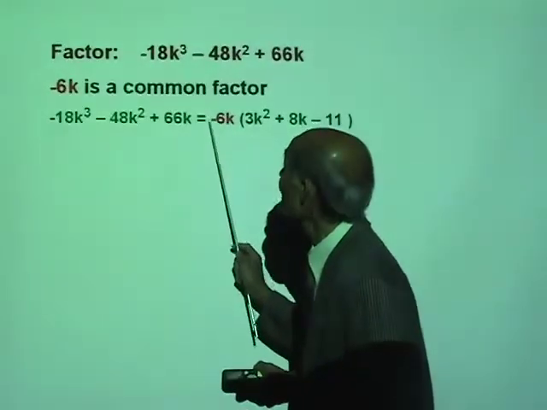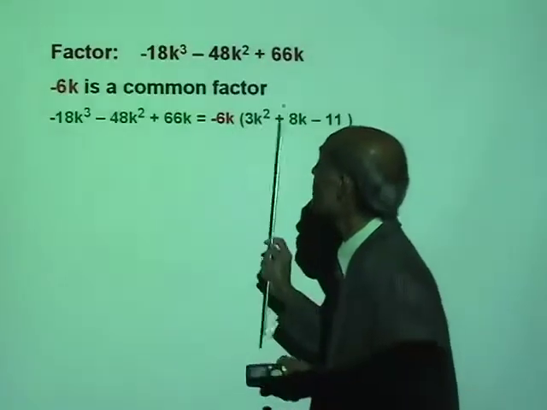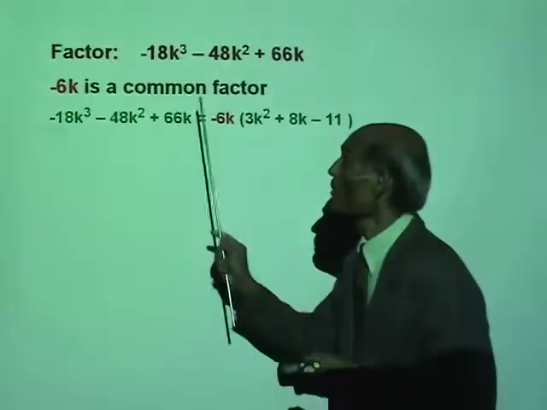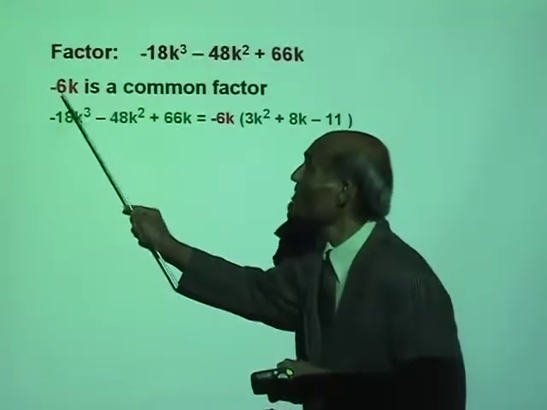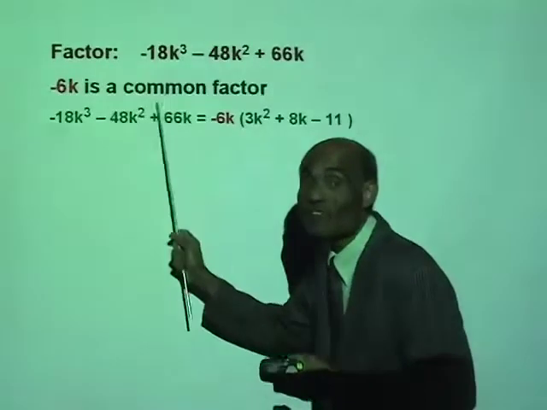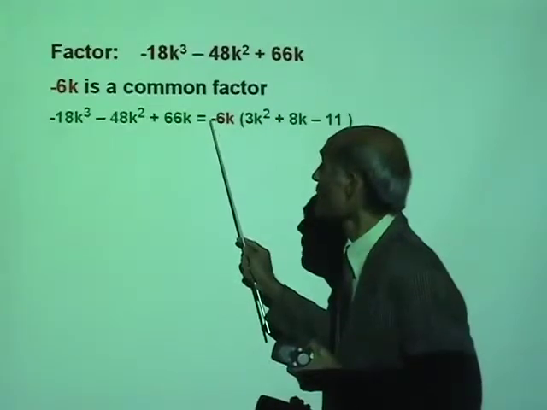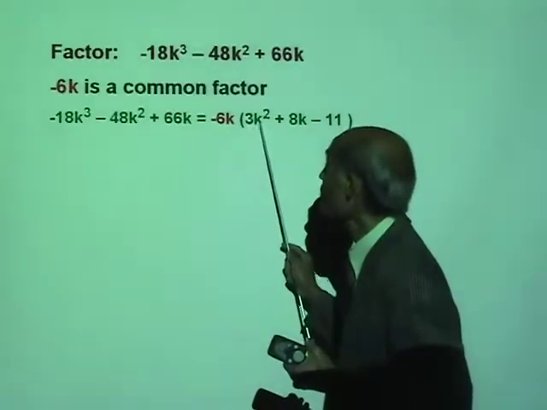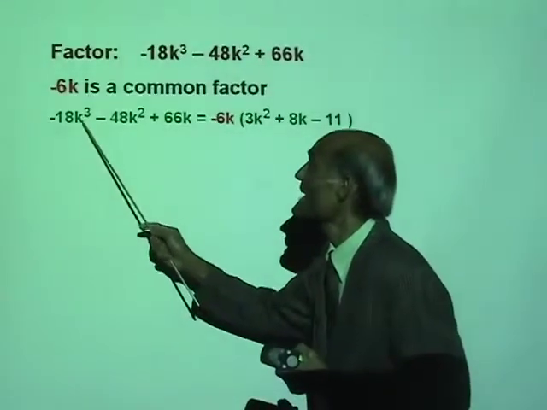When you pull out a negative 6k, what is left is a 3k squared. I hope you understand that. From a negative number, you factor out a negative number. What is left there will be a positive number. Or try multiplying this. Negative 6k multiplied by positive 3k squared is negative 18k cubed.